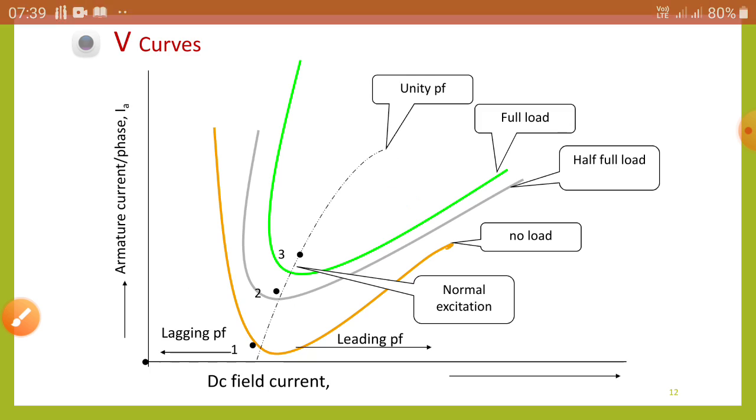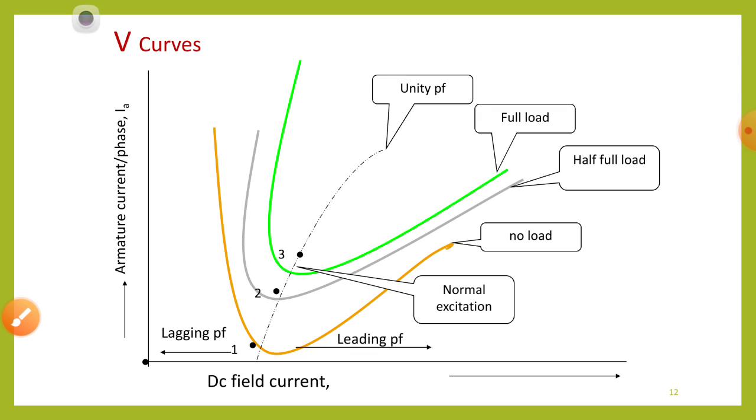Now we have elaborated the same here. So these are the V curves: normal excitation condition, no load, half load, full load, and how these curves change. This area is lagging power factor, this area is leading power factor.